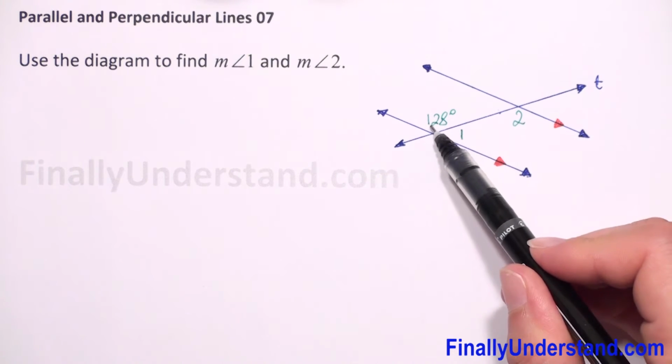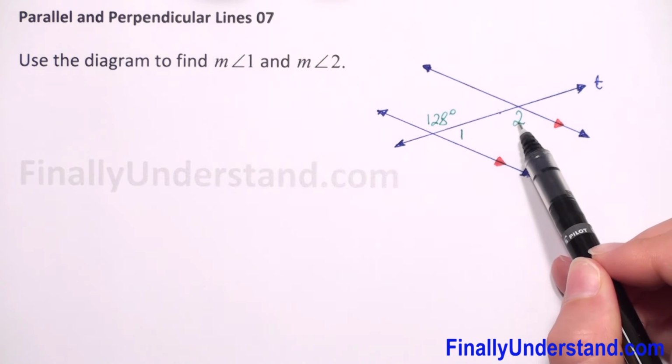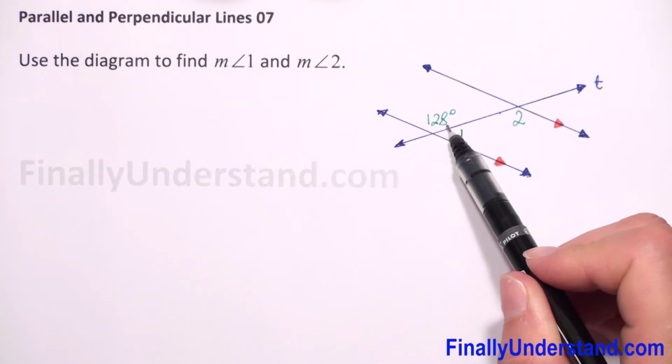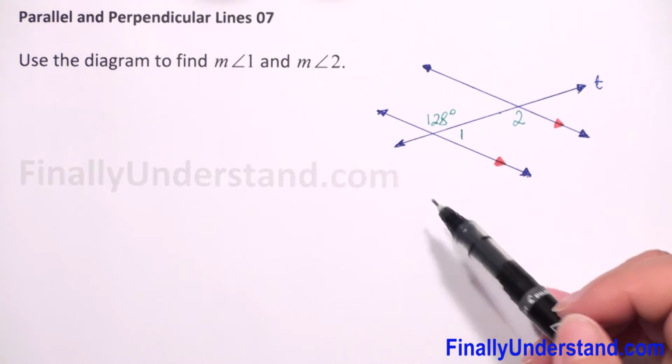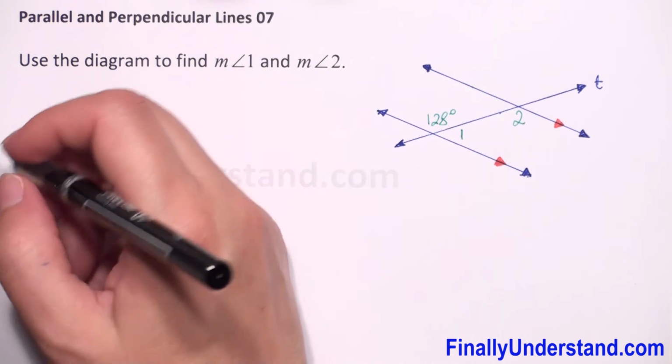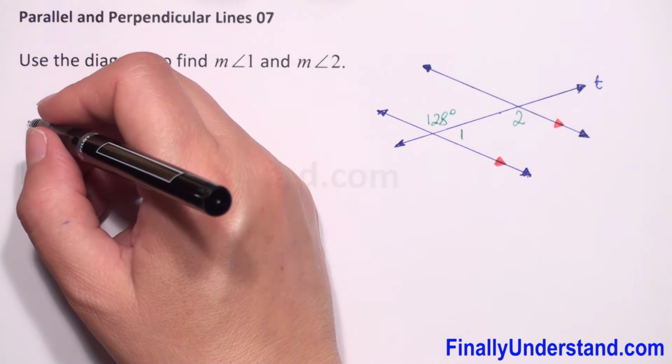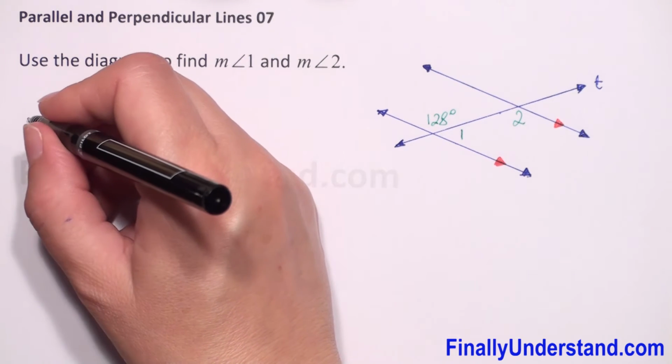So it means that the measure of angle 2 is equal to the measure of this angle, 128 degrees. So we just use the alternate interior angles theorem.